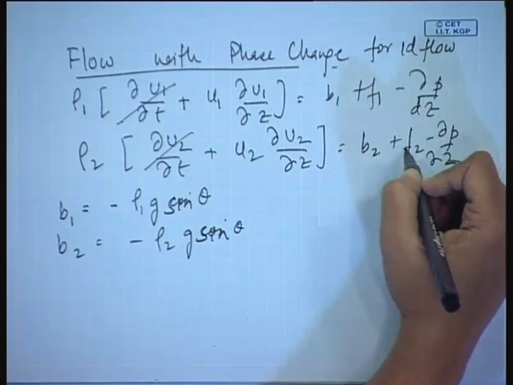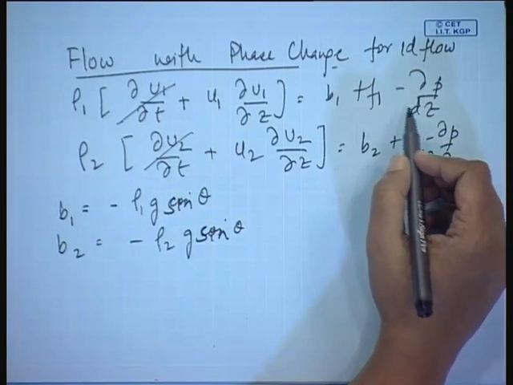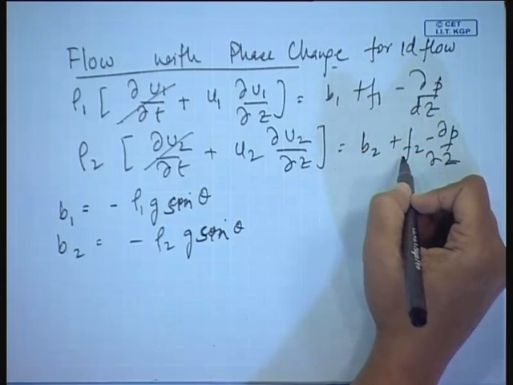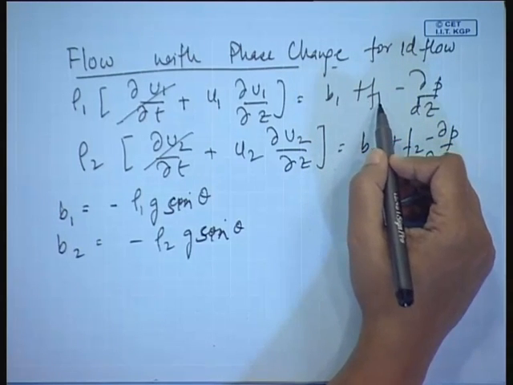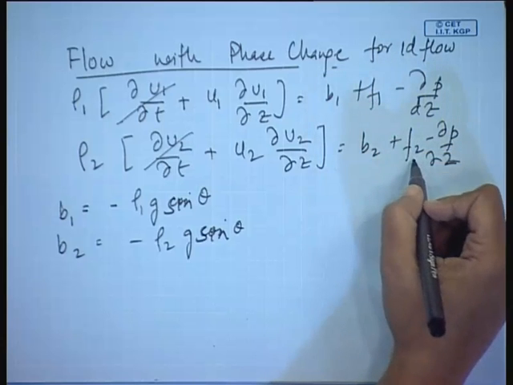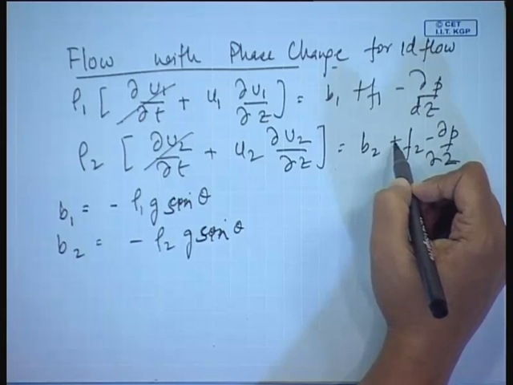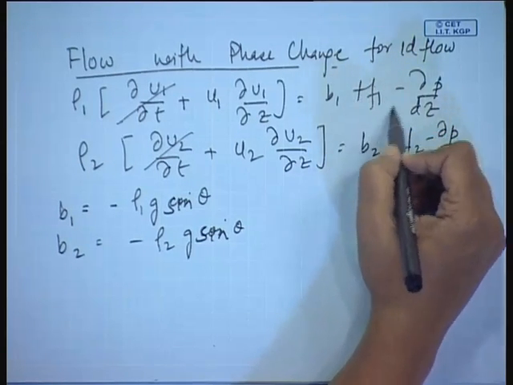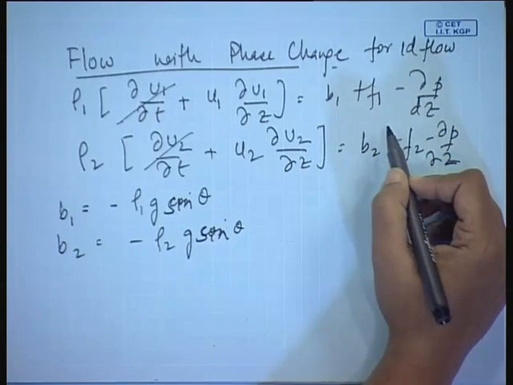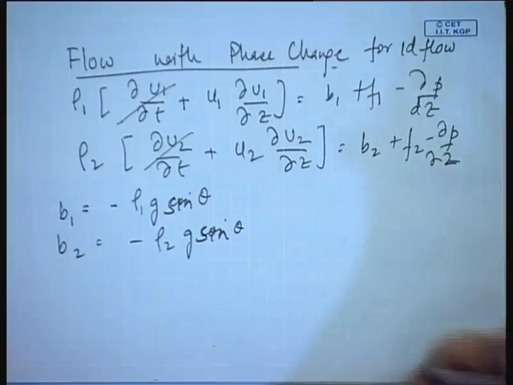They take into account the interaction of phase 1 with the wall, interaction of phase 2 with the wall, interactions between the two phases, the hydrodynamic drag, and if there is change of phase, that will also have to be accounted by F1, F2. If it is particle-particle interaction, it has to be accounted by F1, F2.